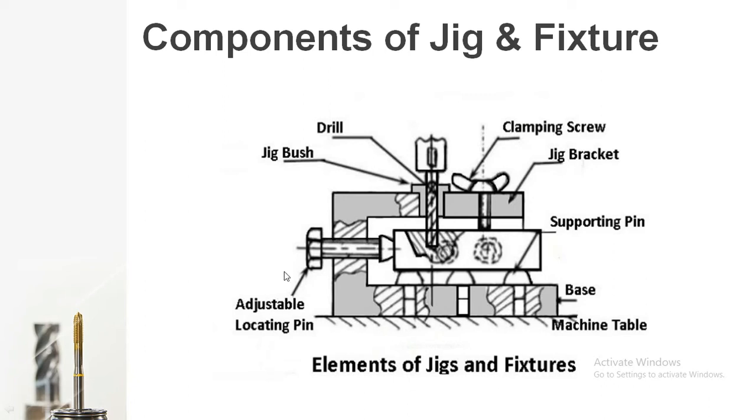Now there are also locating pins placed at the sideways. At the bottom there are supporting pins, and also from the rear side of this workpiece there are different supporting or locating planes placed.